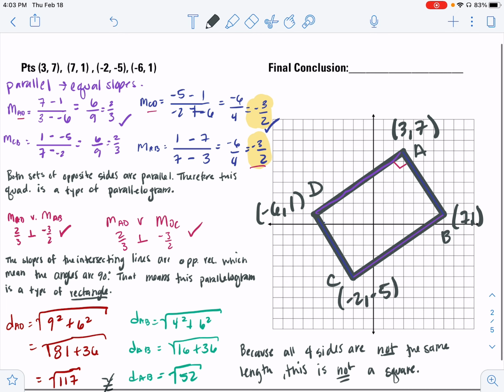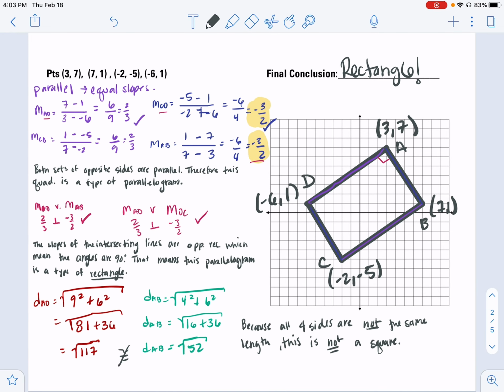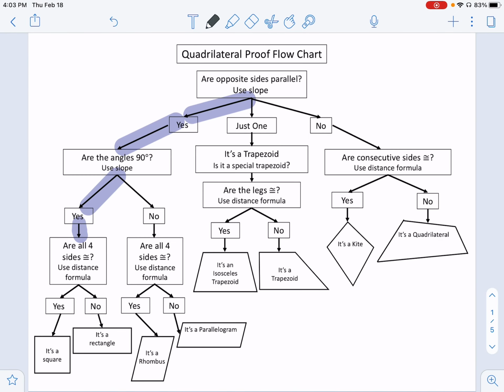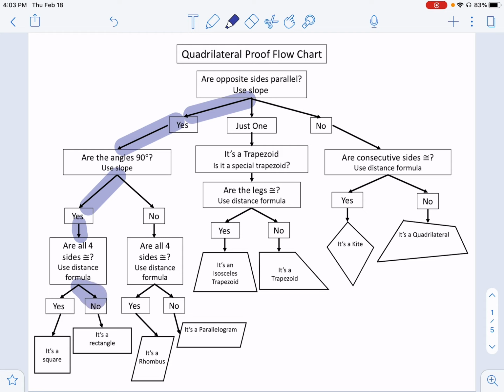Therefore, final conclusion, this is a rectangle. So this is how we can do a really good in-depth proof. Once again, really using this flow chart, you want to take it all the way down. And so here we did take it all the way down to, it is a rectangle for that last shape.